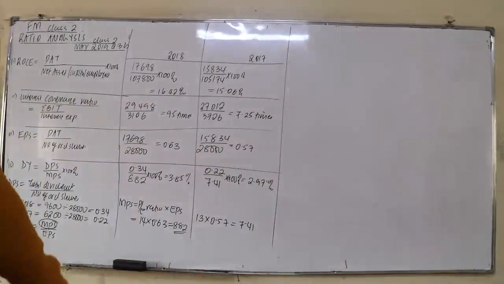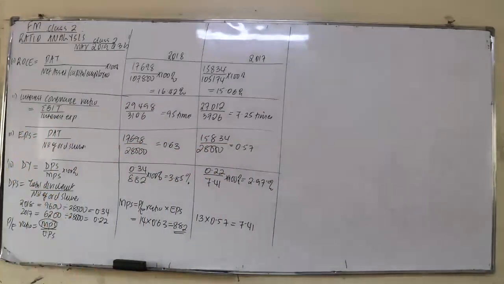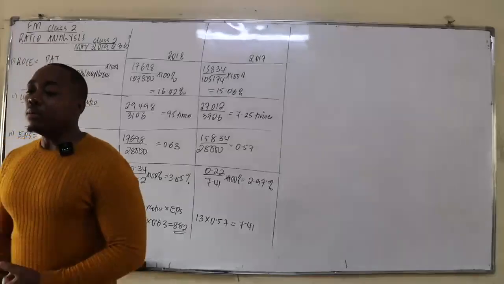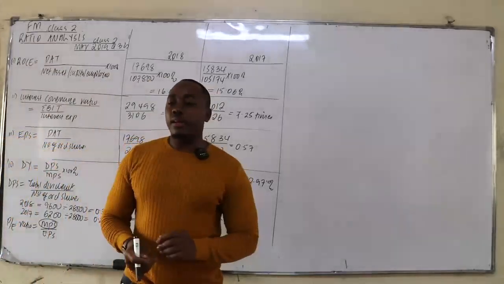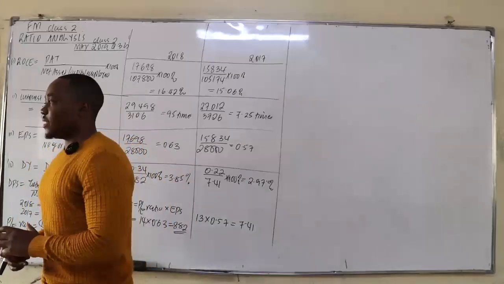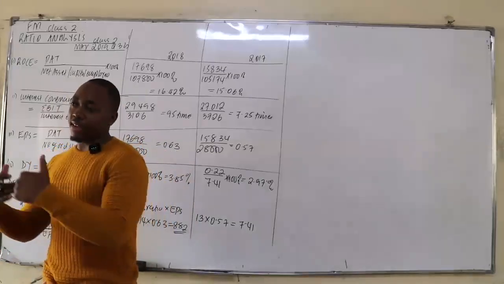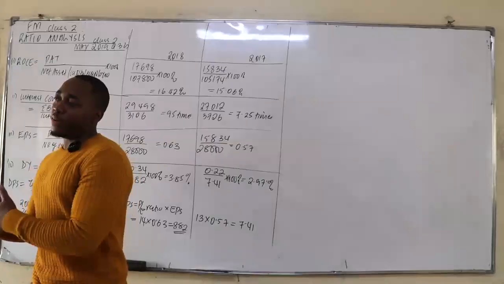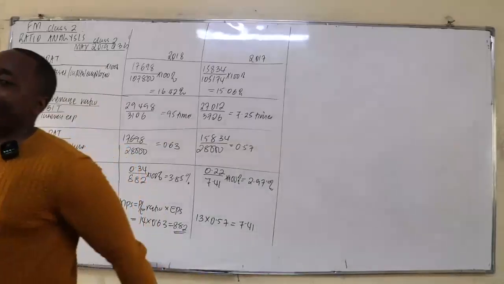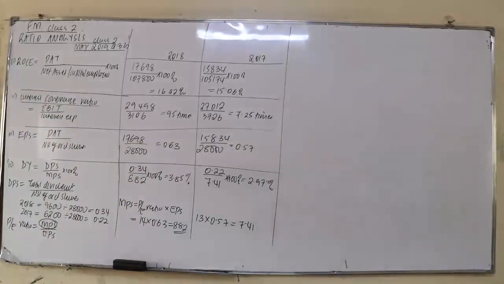Which ratios are those that indicate how the company utilizes its assets? i.e., activity or turnover ratios.